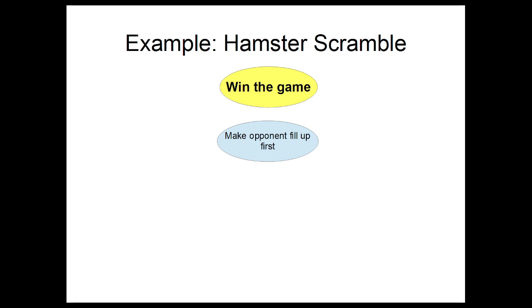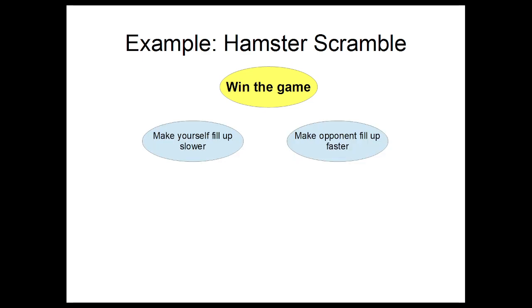But what's a little bit less obvious is that there's actually 2 components to that. You can either make yourself fill up slower, or you can make the opponent fill up faster. These are both their own individual factors that can help you to win the game. And then these factors have their own sub-factors.